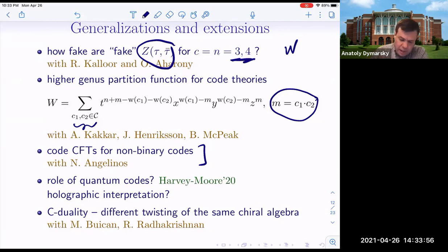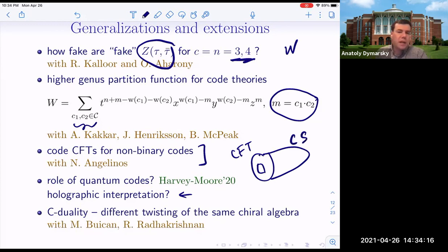But the question remains about holographic interpretation and the physical meaning. So maybe I will spend a minute trying to sketch some idea. If you have a Narain CFT on the boundary, you can think of a holographic description in terms of Chern-Simons, right? And you can make it very explicit.